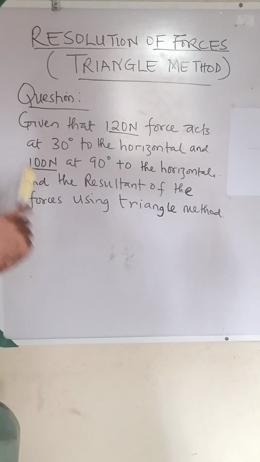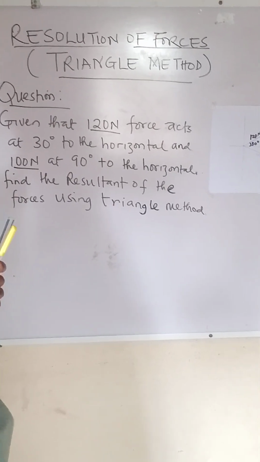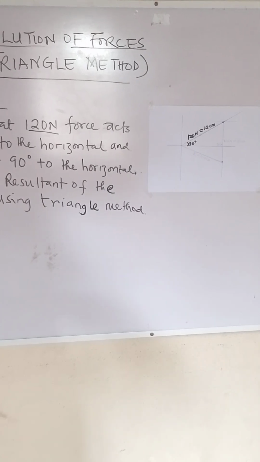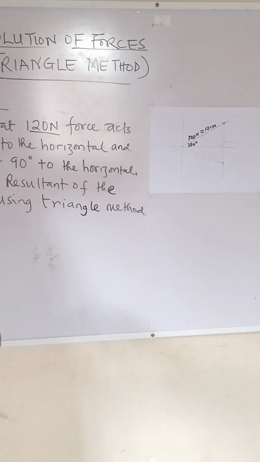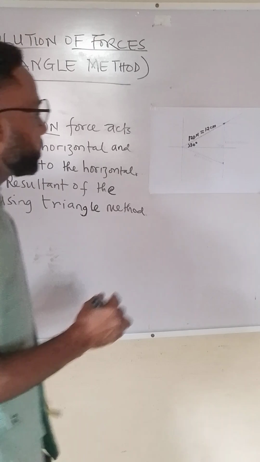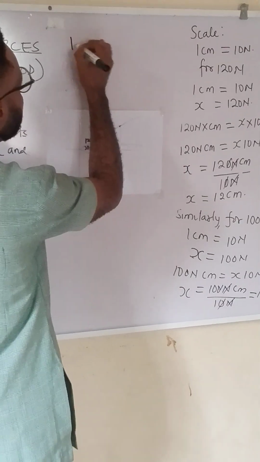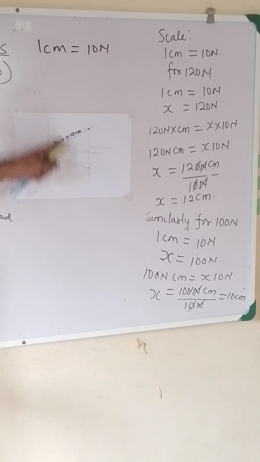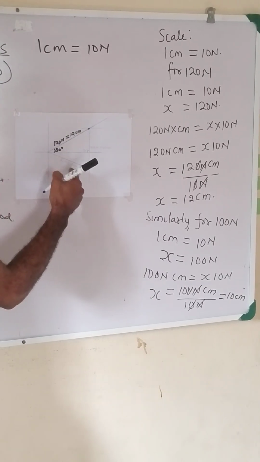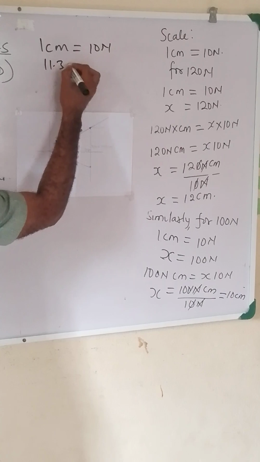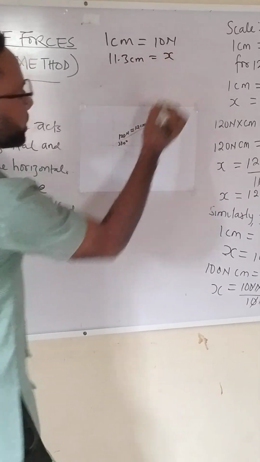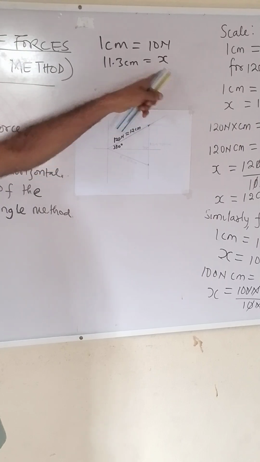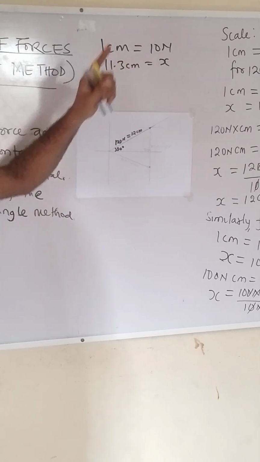We've gotten the value of R to be 11.3 cm, but we are not looking for the resultant in cm, we are looking for the resultant in Newton. So we have to go back to our scale and convert from cm to Newton. From our scale, 1 cm equals 10 Newton, so 11.3 cm equals x. When we find the value of x, we get the resultant in Newton.